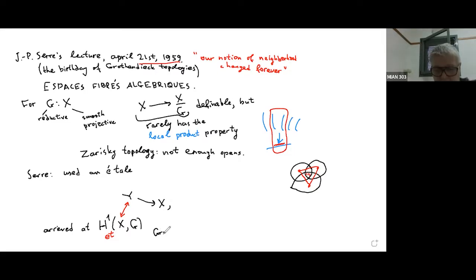And Grothendieck was among the listeners of this talk. Grothendieck felt immediately that these are the true cohomology to prove the Weil conjectures.